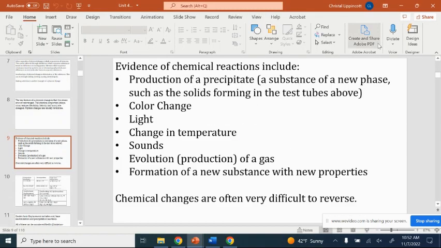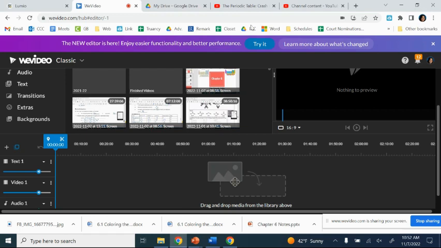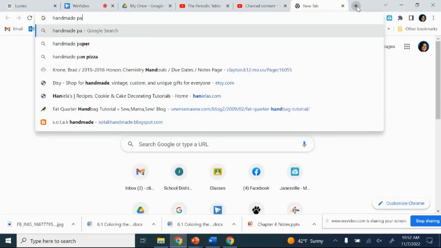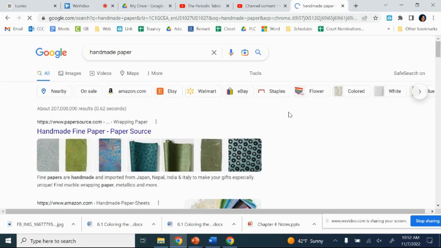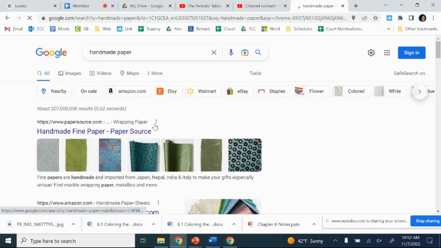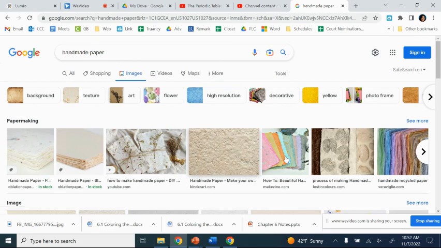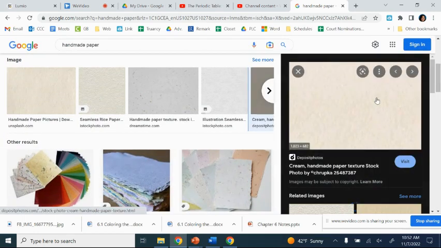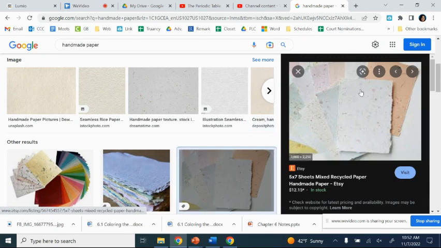Let me see if I can. Yeah, in an artistic kind of sense, it ends up being kind of pretty. This is a lot of times what it'll look like, and then sometimes they'll embed shapes and different things in it. It's much rougher than what you're used to, but you can embed stuff in there.